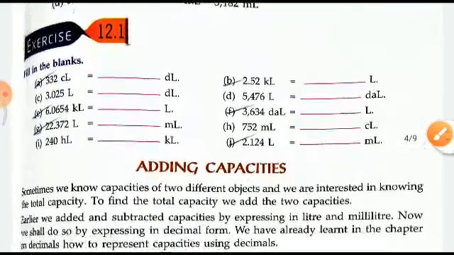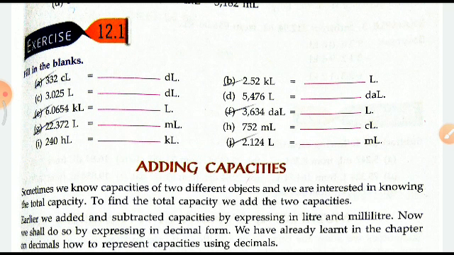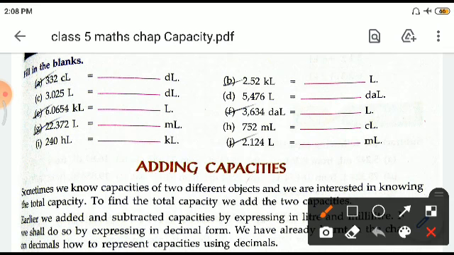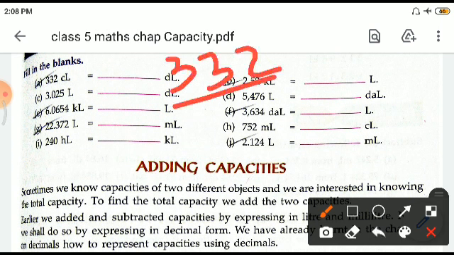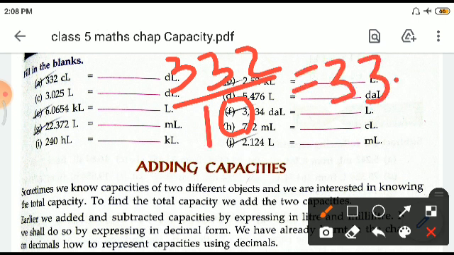Now let us come to this exercise. 332 centiliter needs to be converted into deciliter. We all know 10 centiliter is equal to 1 deciliter. So we will be straight away dividing 332 by 10. So we will be getting 33.2 dl, right?